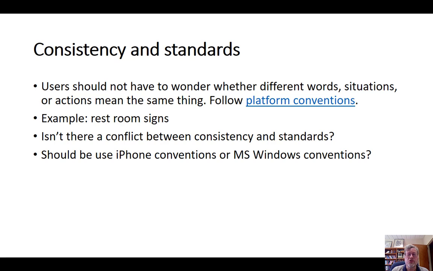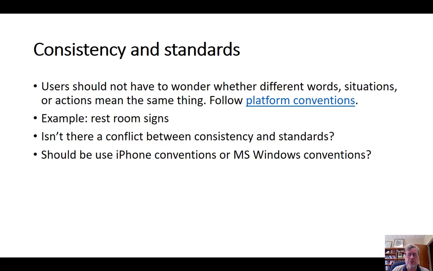Consistency and standards. Users should not have to wonder whether different words, situations, or actions mean the same thing. And they say follow platform conventions. I'll talk about those in a second. As an example, there are restroom signs. If we have male and female restrooms, and we can discuss whether that's a good idea or not, but let's assume for the moment that that's common, we want to be able to figure out which one is which.